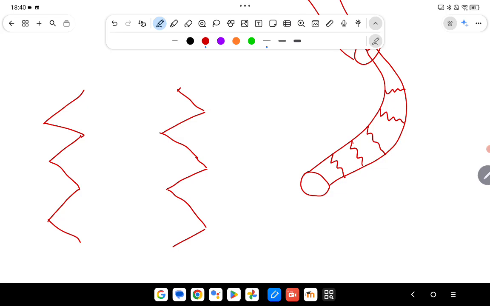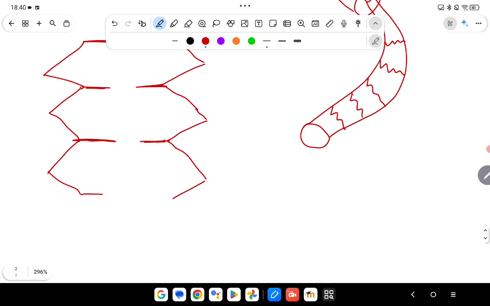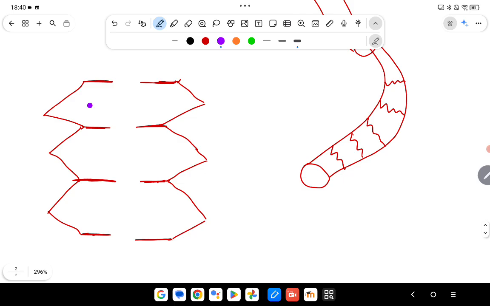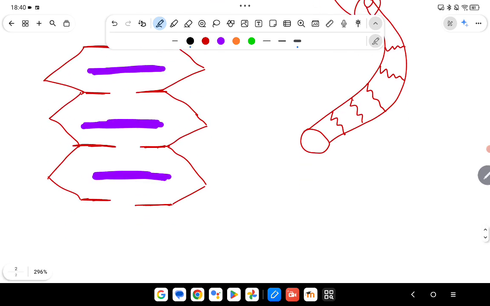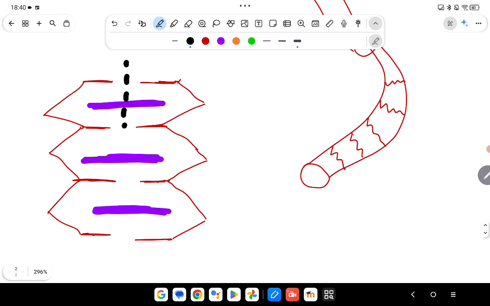as myosin. So the actin is attached to the Z line or Z disc, right? So I'm drawing these red lines, that's your actin. And then your myosin is the thick filament, and it attaches to the M line. And I'm going to draw this in a second. So this purple here is your myosin. So in the middle here, we have the M line.